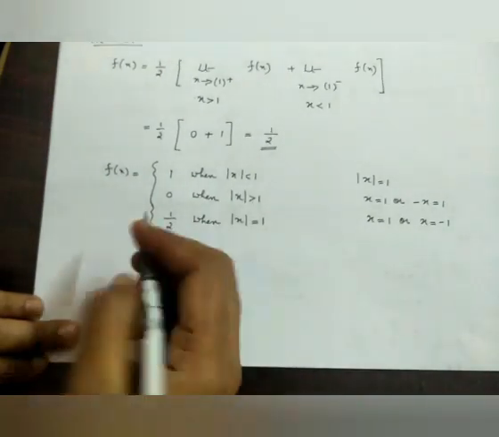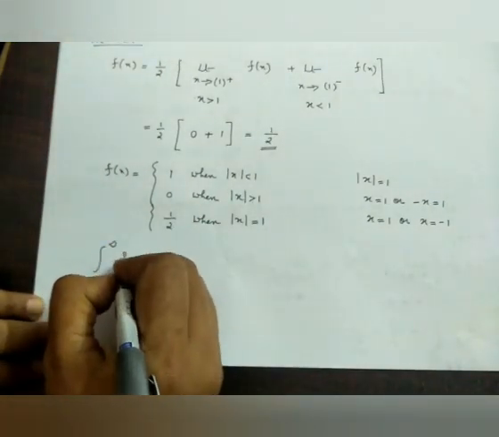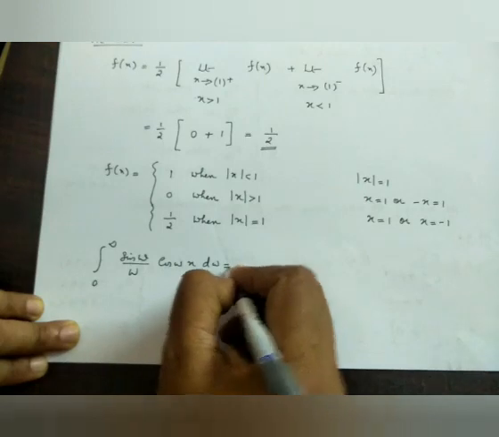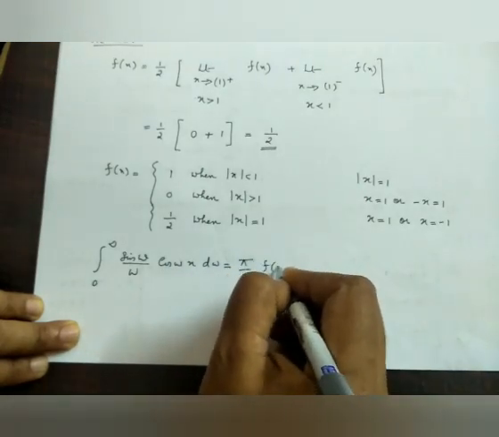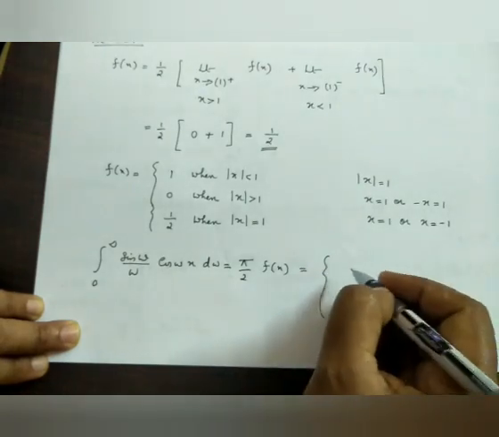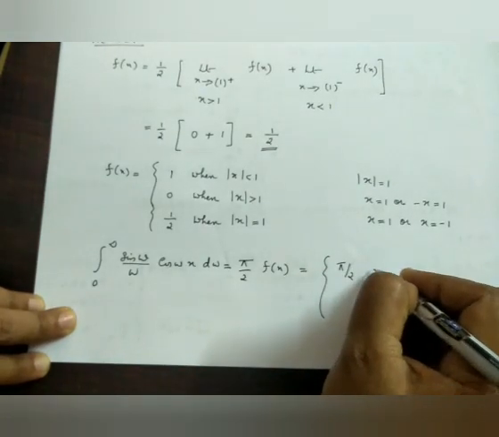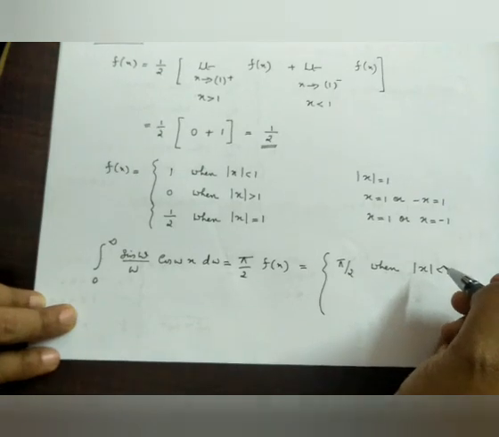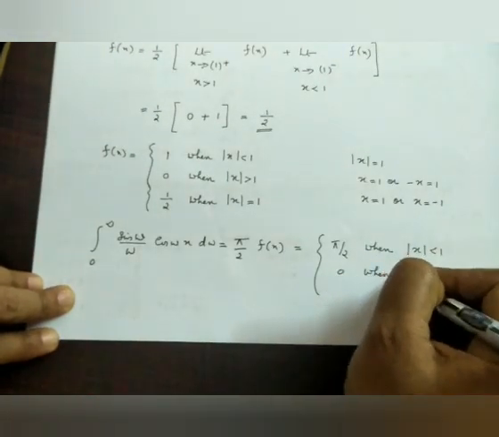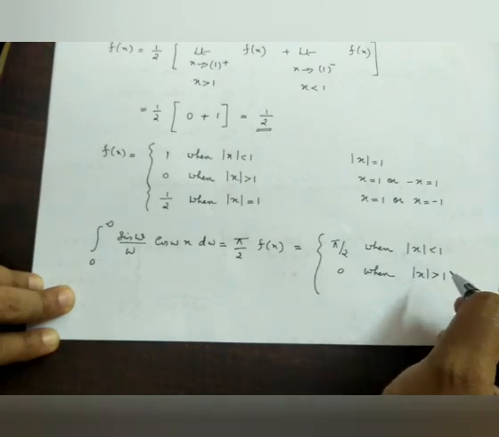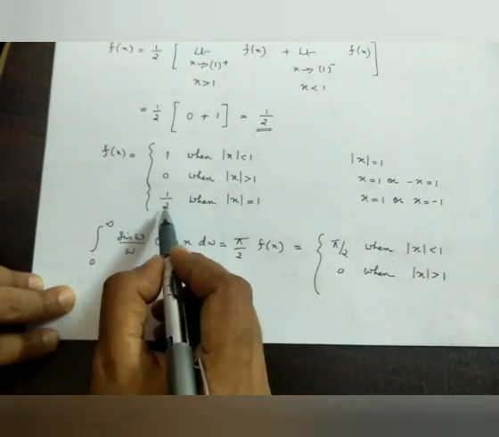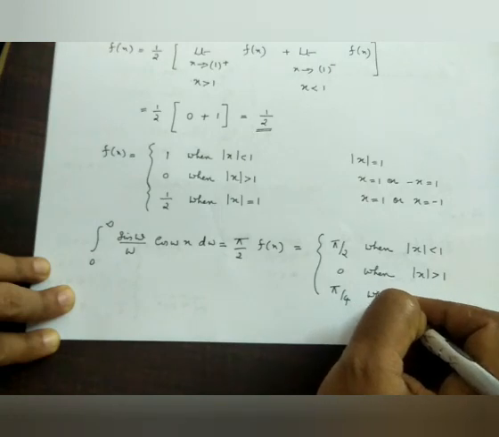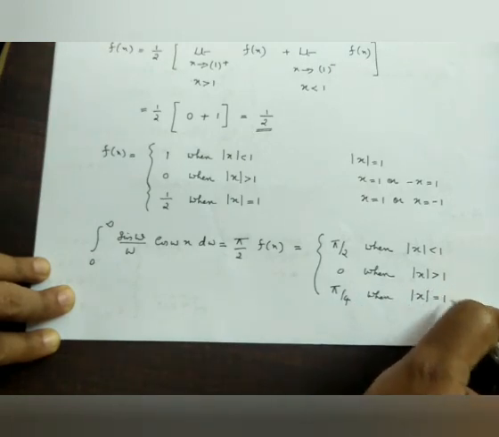Therefore, we can again write the integral from 0 to infinity of sin omega by omega cos omega x d omega, which I have already written as pi by 2 into f of x, as pi by 2 into 1, that is pi by 2 when mod x is less than 1, and pi by 2 into 0, that means 0 when mod x is greater than 1, and 1 by 2 into pi by 2, that is pi by 4 when mod x is equal to 1.